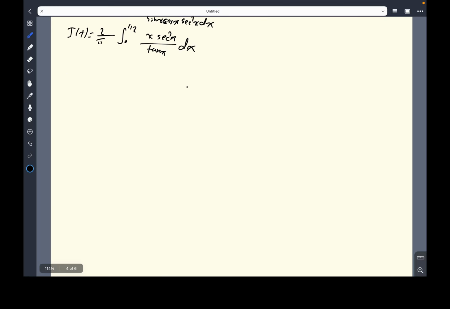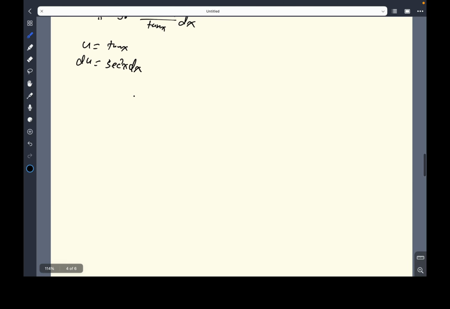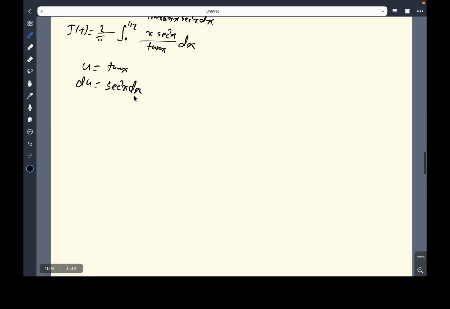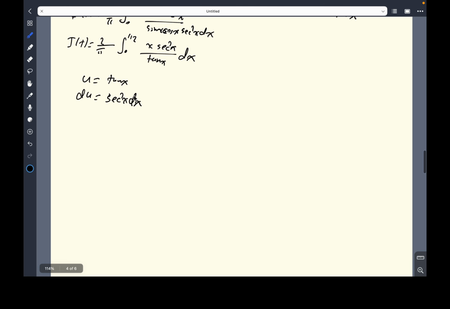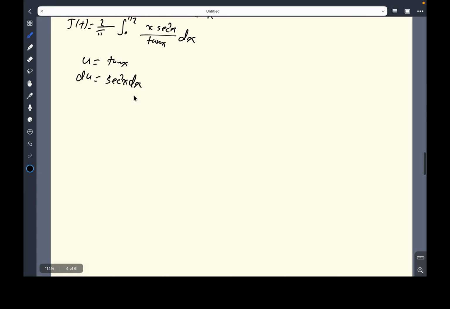Now, if I define my u as tan x, my du is going to be secant squared x dx. And my bounds, if I change them, are going to be from 0 to pi over 4.